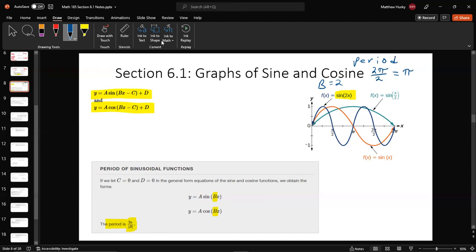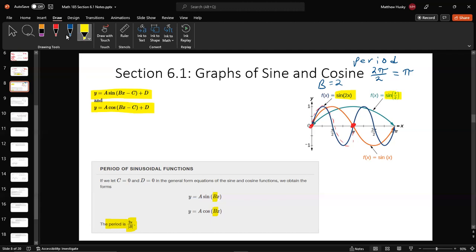What you will notice is that for that graph, from 0 to pi, it finishes one complete cycle, because it did one hill followed by one valley, one hump and one dip, if you will. And so the period is now pi. It's half as large.